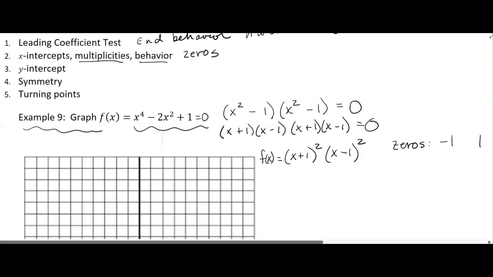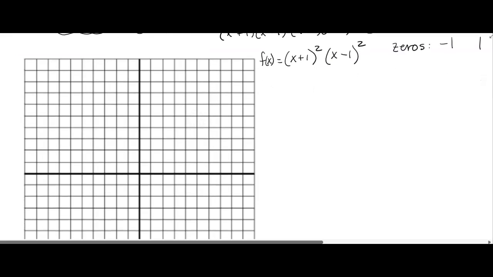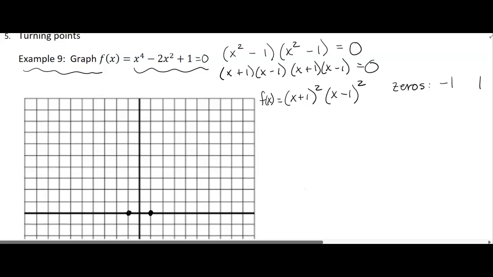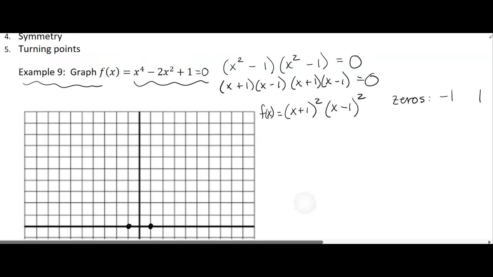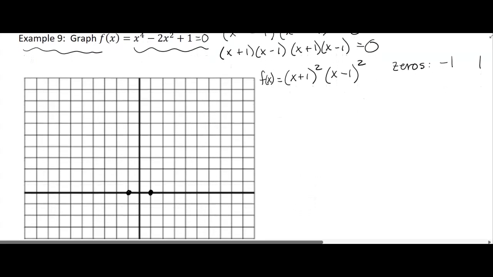What does that tell me? It tells me that at negative 1, it's crossing the x-axis. And at 1, it's crossing the x-axis. Okay, so I'm probably going to have a kind of a little skinny graph here. Okay, those are the zeros. What are the multiplicities?